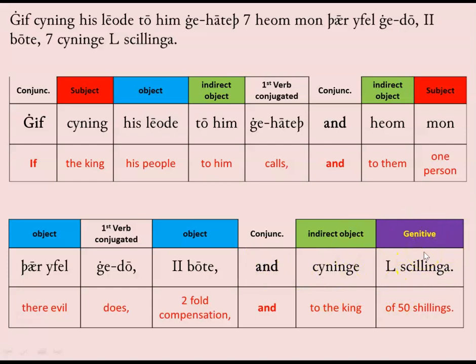Okay, there's no noun involved, all right, but we have Kuninger in the indirect object, so hence the green for that, indirect object. Schillinger is in the genitive, so it's to the king of 50 shillings, so this is in the genitive because it's the property of the king. The king will get 50 shillings, but the twofold compensation here will go to the people here who've been harmed. I believe that's what's intended here.